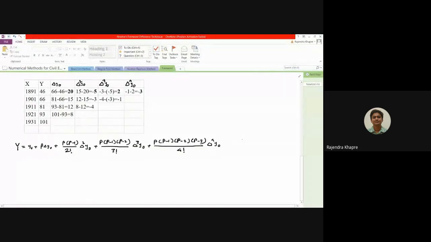Okay, that's it. No more further, because we don't have a delta to the power 5 y0 term.